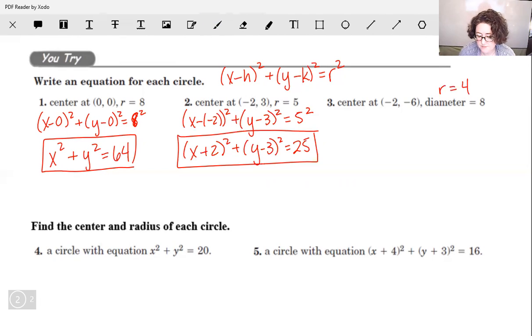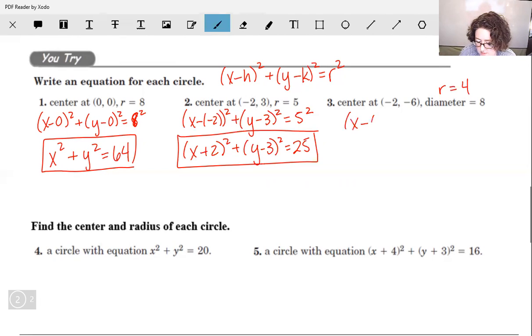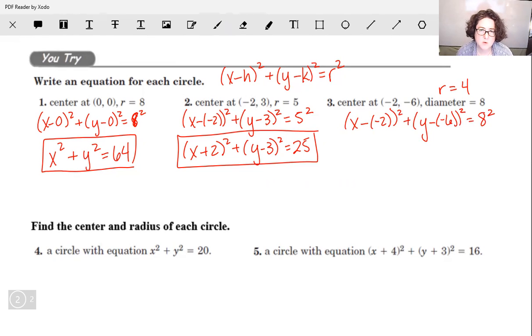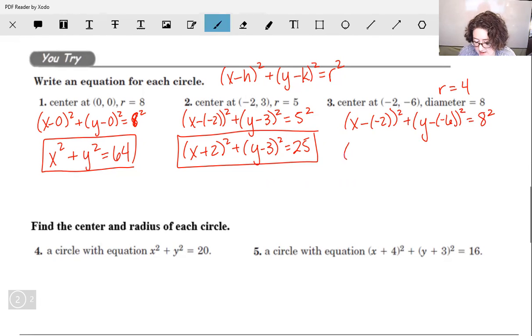So plugging in x minus a negative 2 all squared plus y minus a negative 6 all squared equals 4 squared. And again, notice I'm taking the time to write in the negatives. I know once you get more practice with this, you may not need to do that, but you always want to be careful that anytime you're plugging in a negative, like negative 2, you do end up actually switching the sign in your final equation.